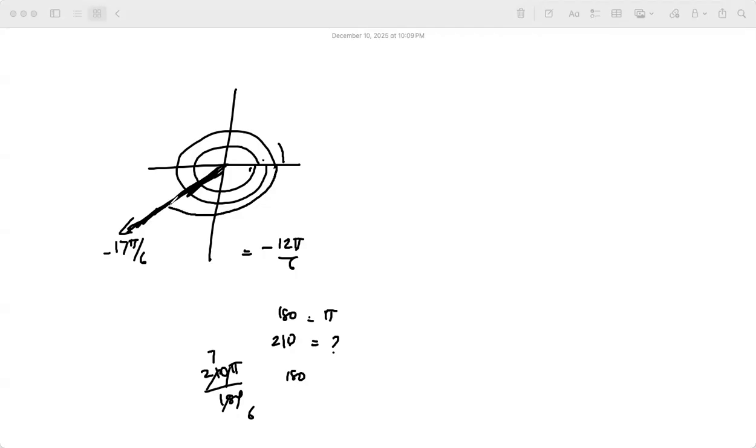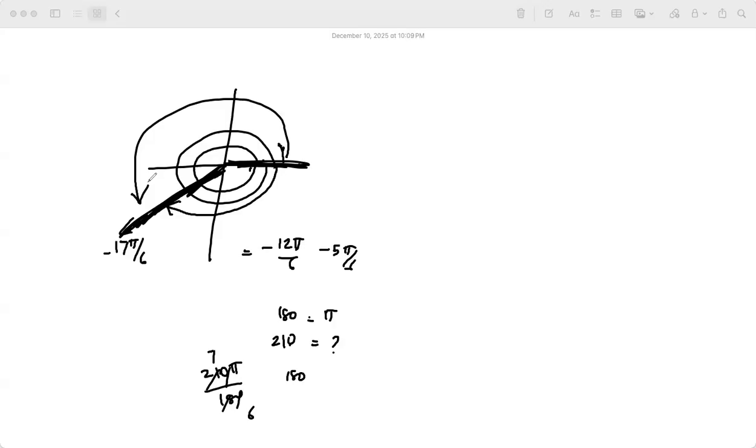And then you went another 5 pi by 6. So what is the coterminal angle? 7 pi by 6. This is the starting ray, this is the terminal ray. You just found this and told that as a coterminal angle.